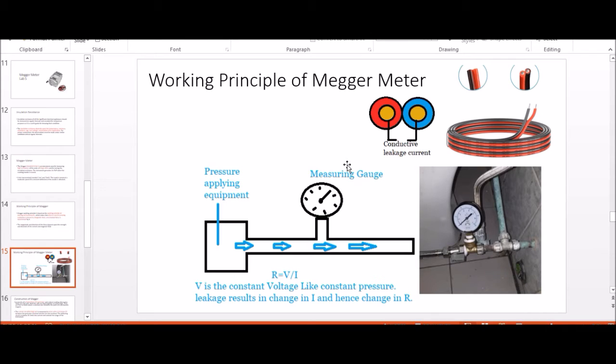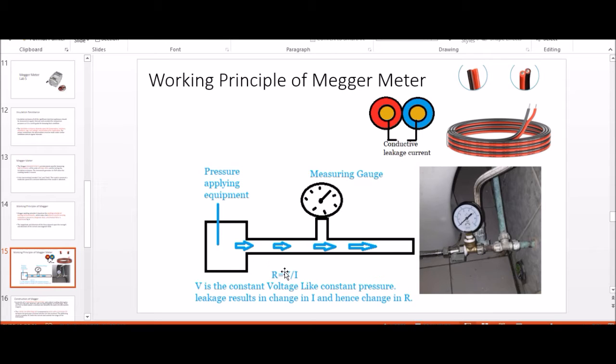Using the same concept, we use the Megger meter. It pressure tests your equipment at a higher voltage, meaning if it's rated for 220 volts, you pressure test that specific equipment or insulation at a higher voltage. So voltage is similar to the pressure applied, right?